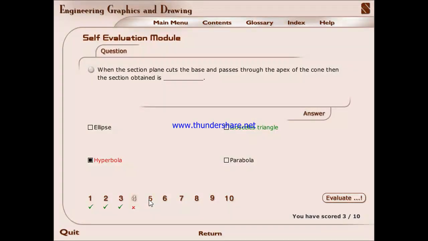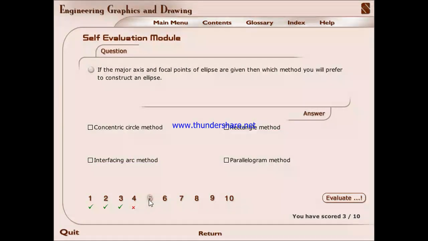Now this one. If the major axis and focal points of an ellipse are given, then which method will you prefer to construct the ellipse? The options: concentric circle method, rectangle method, interfacing arc method, parallelogram method.